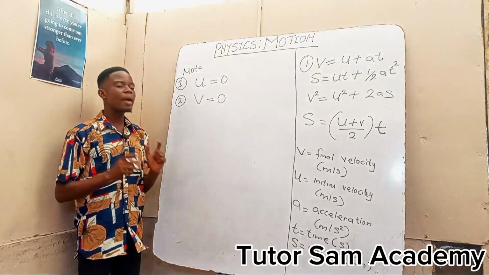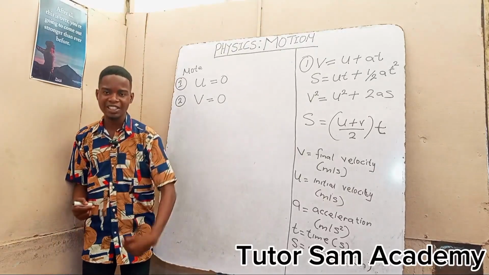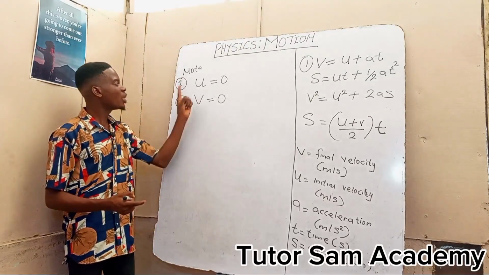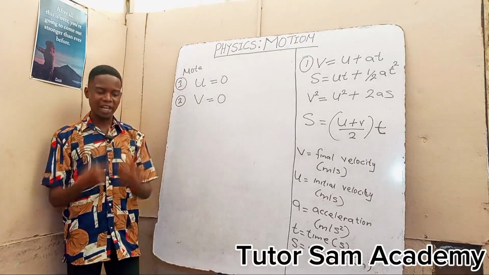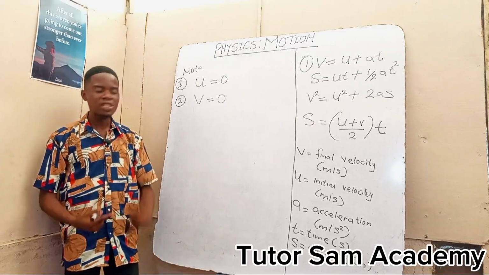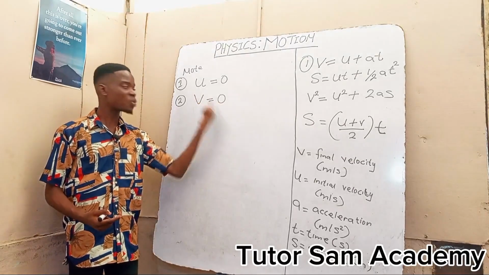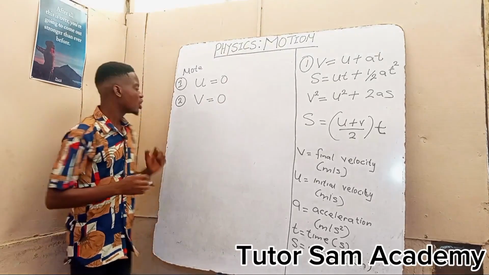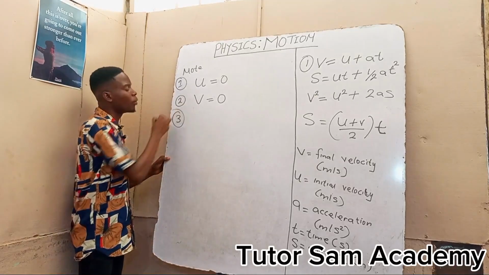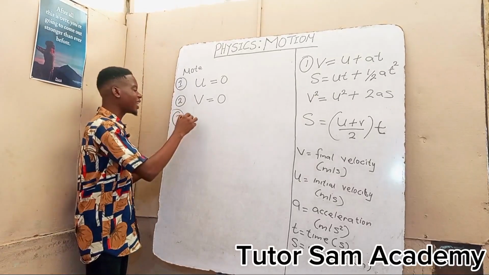Number 1, when a body begins from rest, your initial velocity is 0. When a body comes to rest, your final velocity is 0. The 3rd thing we should take note of in motion is what we call retardation.